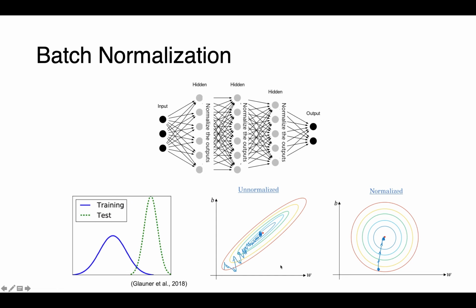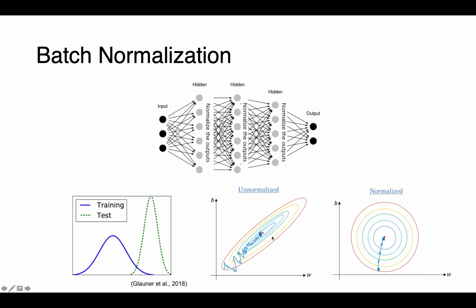And the assumption is that if you have a normalized latent feature, it can help the gradient descent process, so that it doesn't make too much overshoot.